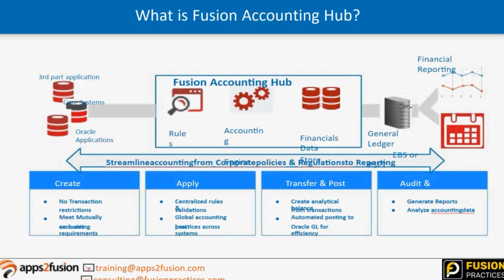So Fusion Accounting Hub also leverages the same accounting engine that the internal subledgers use. The only difference is, for our internal subledgers, the complete event model and accounting derivation logic are predefined in the system. You don't need to do this configuration. But when you create an external subledger source or application, then we need to do that configuration from scratch. You can still reuse some of the configuration that external or internal subledgers have.